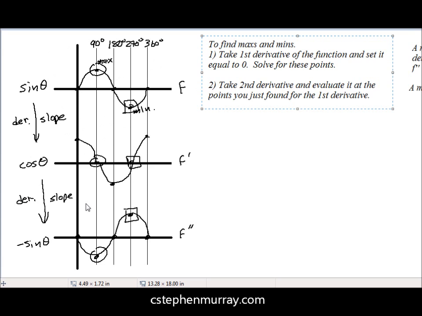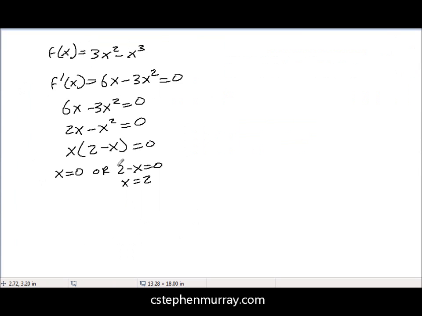Now that we know where our maxes and mins are, we have to know if they're maximums or minimums. We have to know if at these points the second derivative is negative or positive. So we take the second derivative. Again, I'm taking the derivative of this function. This was the first derivative, and this is the second derivative. That will equal 6 minus 6x.